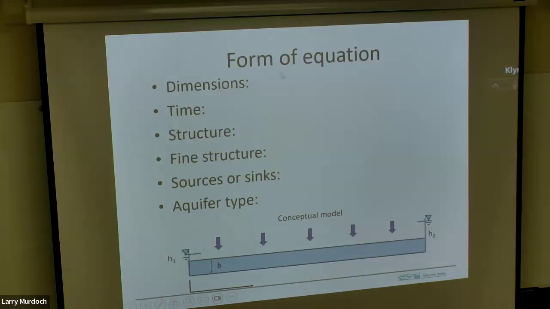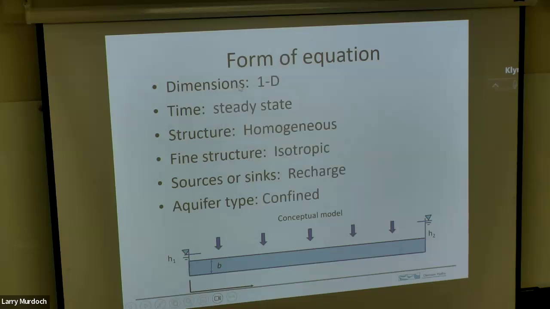And we went through these characteristics to determine the form of the equation. So it's a 1D problem. It's steady state. There are no changes of the hydraulic head in time. The aquifer is homogeneous, isotropic.